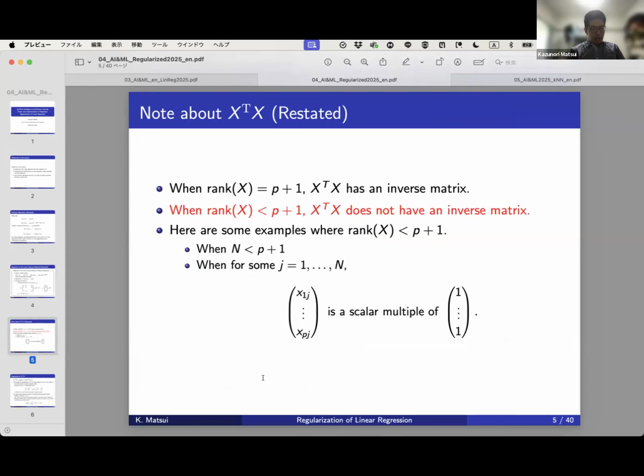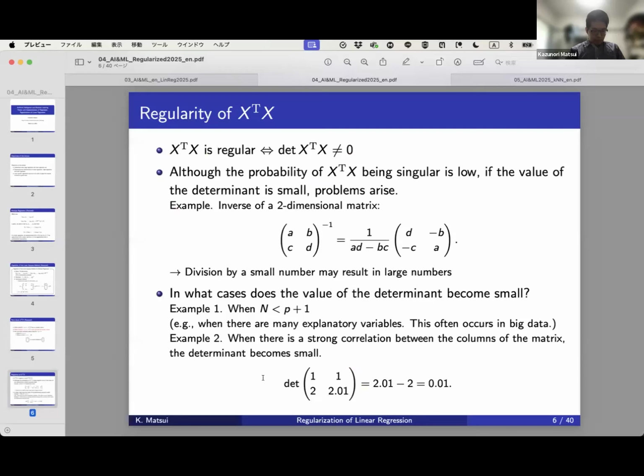This situation rarely occurs in practical problems, but when the determinant value is small, issues can arise. Specifically, when calculating the inverse matrix, we divide by the determinant, meaning we use the reciprocal of the determinant.